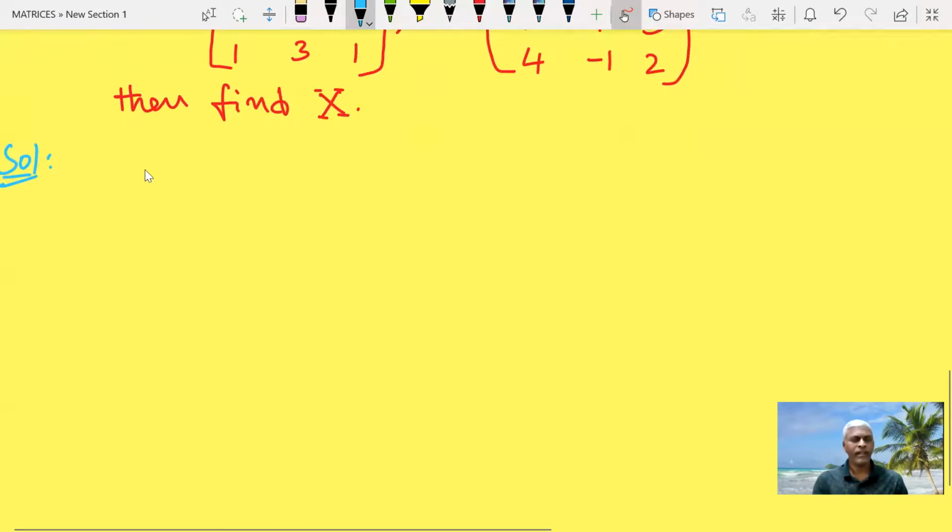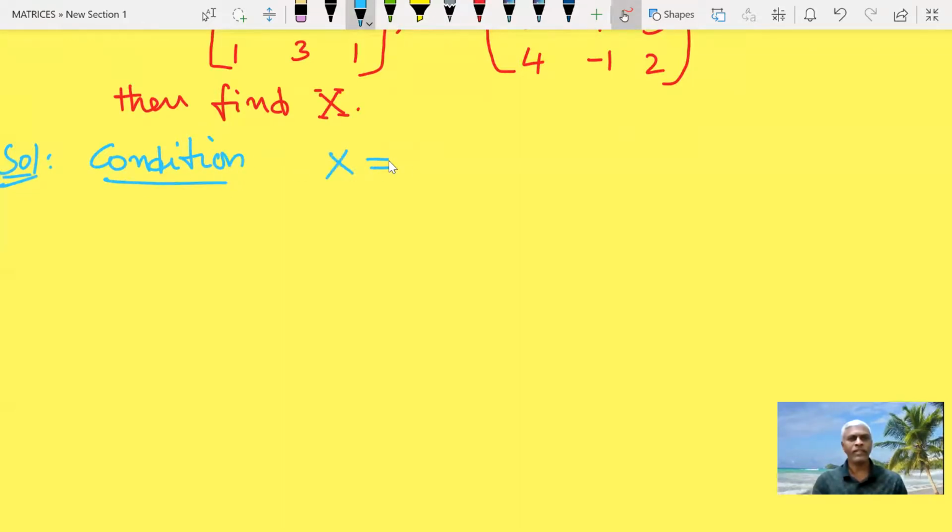Now let us take the given condition. What is the given condition? X is equal to A plus B is the given condition.